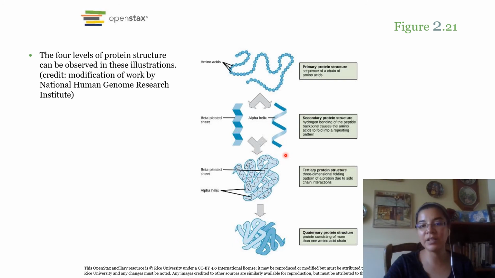That's known as the secondary protein structure. Then these beta pleated sheets and alpha helixes will bundle together into a three-dimensional ball or form. This is the tertiary protein structure. When multiple polypeptides already in the tertiary structure come together, you get a quaternary protein structure. It is in the tertiary and quaternary structure that the protein actually has a function. And it's the structure that lends to its function.